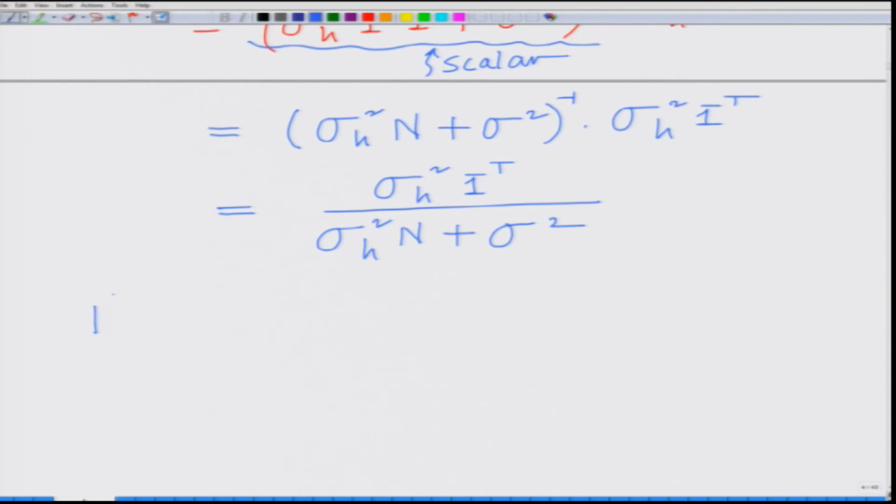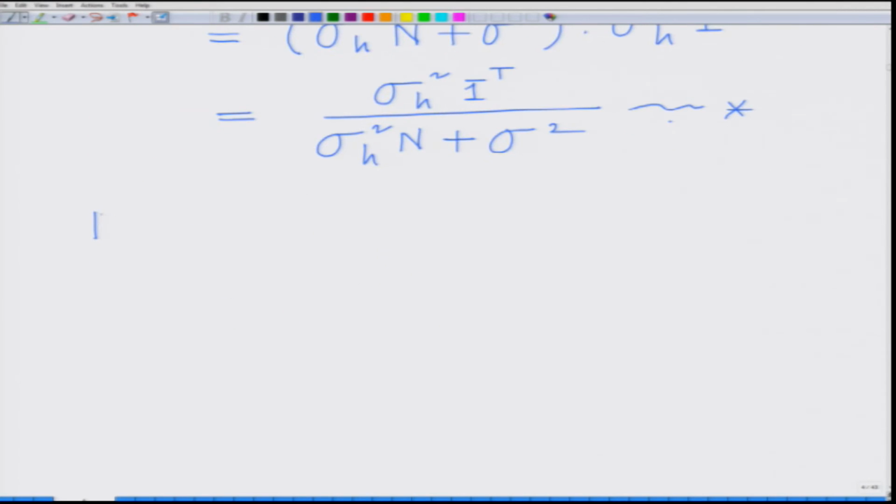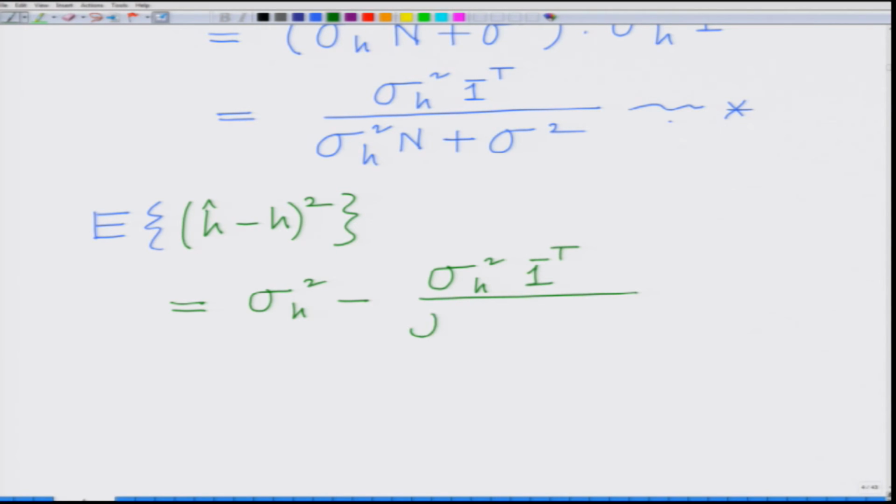Now let us call this quantity star. We are going to substitute, since these two are equivalent, the star above. Therefore, the MSE, the expected value of (h hat minus h) whole square, equals sigma_h square minus sigma_h square 1 bar transpose divided by (sigma_h square n plus sigma square) into 1 bar times sigma_h square.